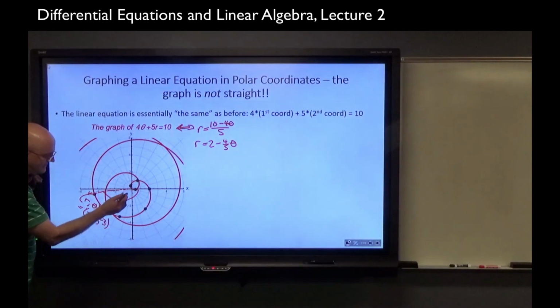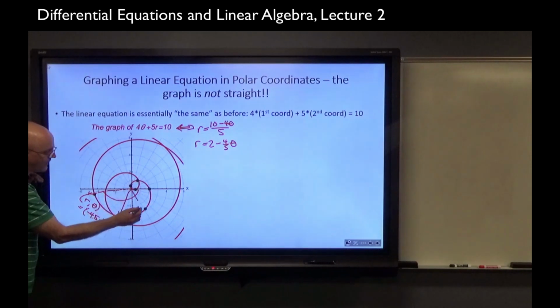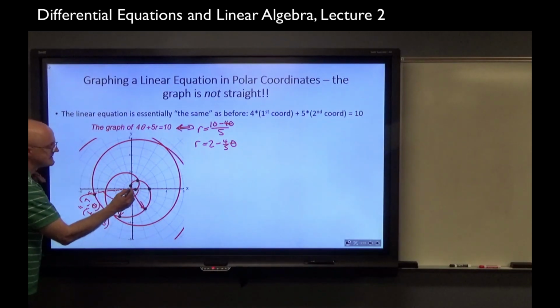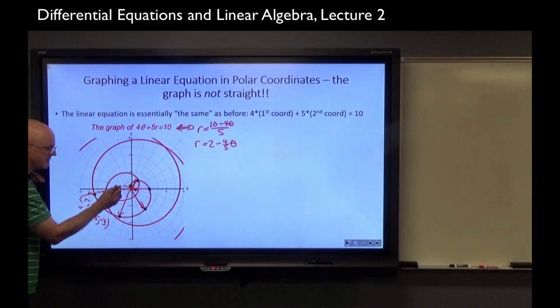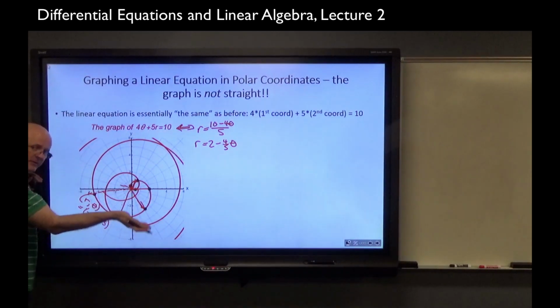This one is at theta equals 2 radians right there. Theta equals 1 radian, negative 2 radians, negative 1 radian, 0 radians, 1 radian, 2 radians, and this one is at 3 radians. However, if it were 3 radians, you might think it should be over here, because 3 radians is almost pi.